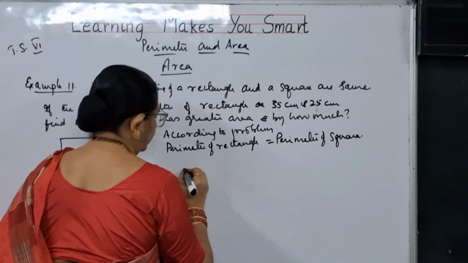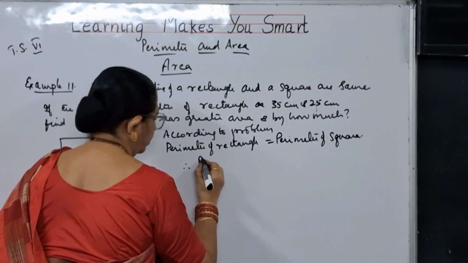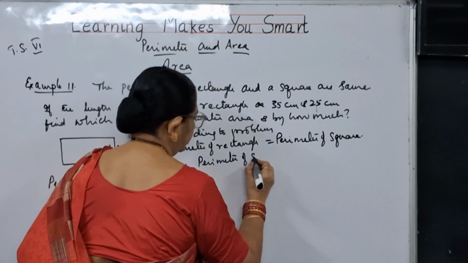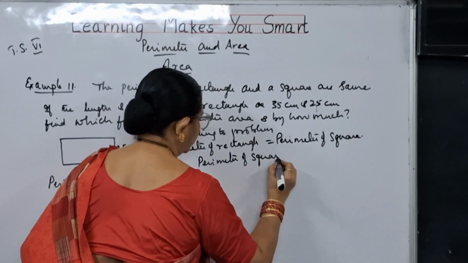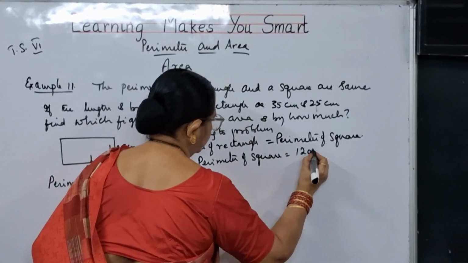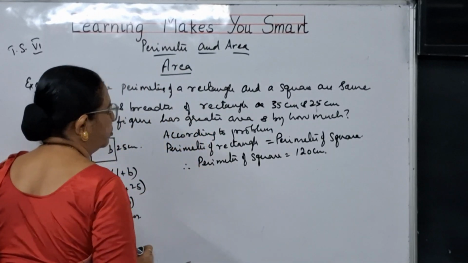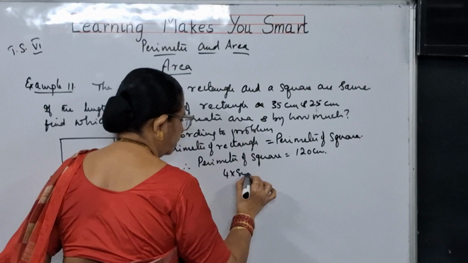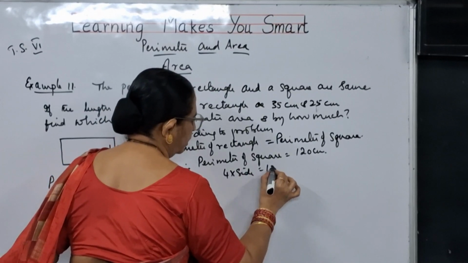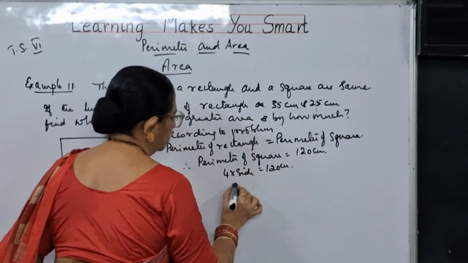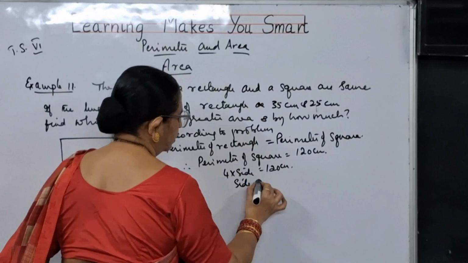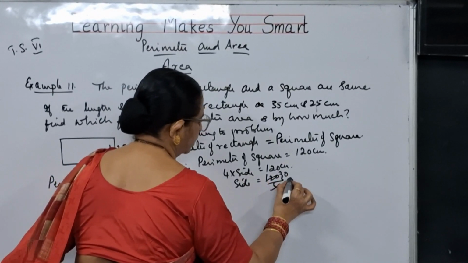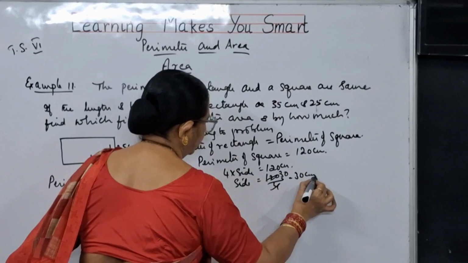Perimeter of rectangle is 120, therefore perimeter of square is equal to 120 centimeters. What is the formula for perimeter of square? That is 4 into side. 4 into side is 120 centimeters. So what is the side? 120 by 4, that is 30. That 30 centimeters is the side.